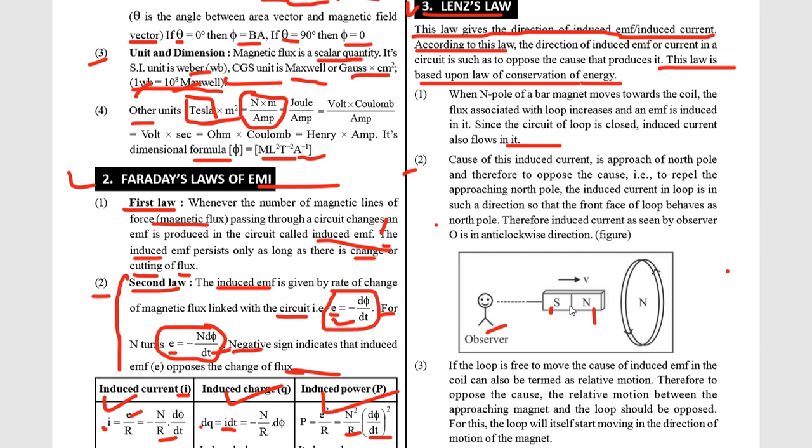So if this north pole is moving toward this loop, the front side of this loop must behave as a north pole, and the other side must behave as a south pole.